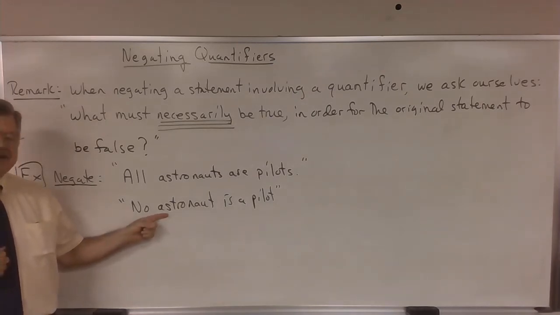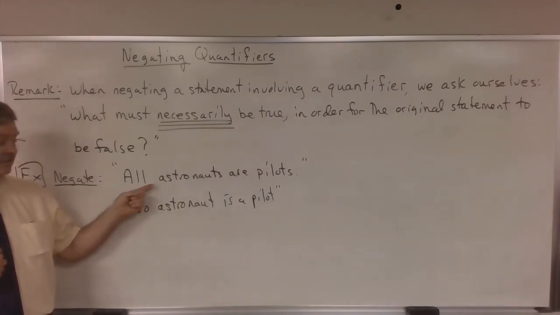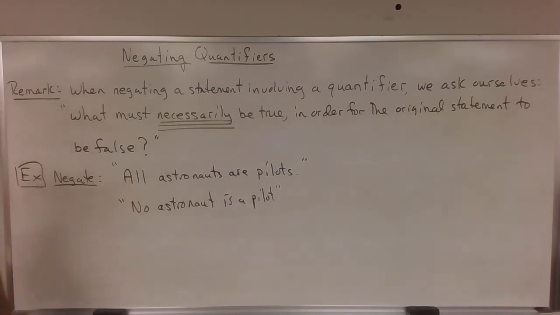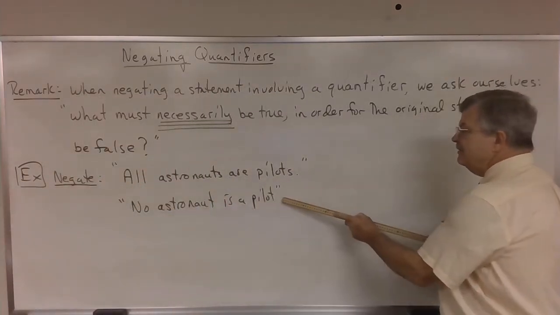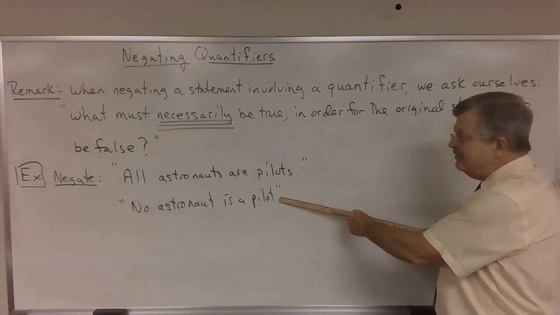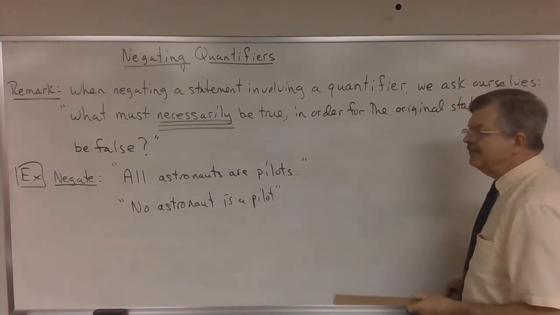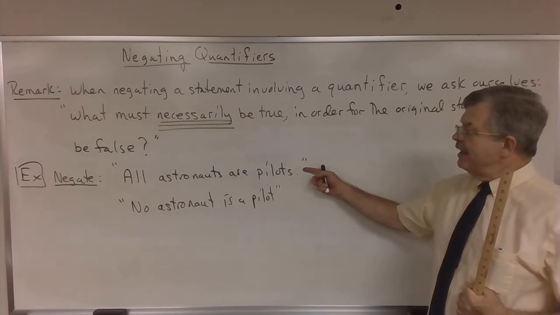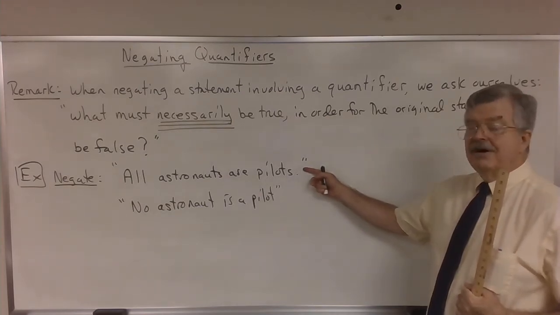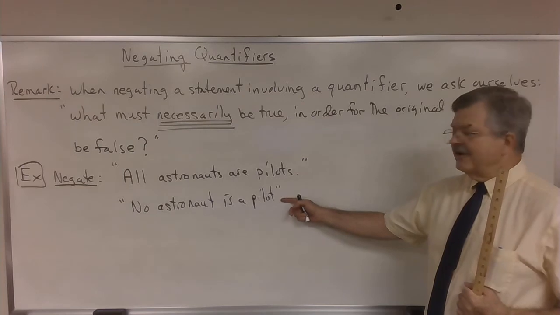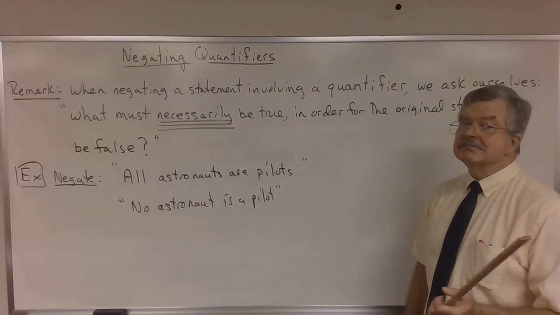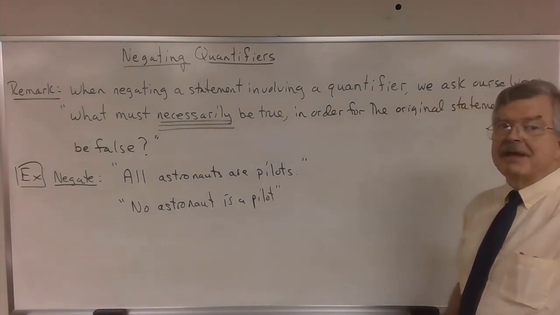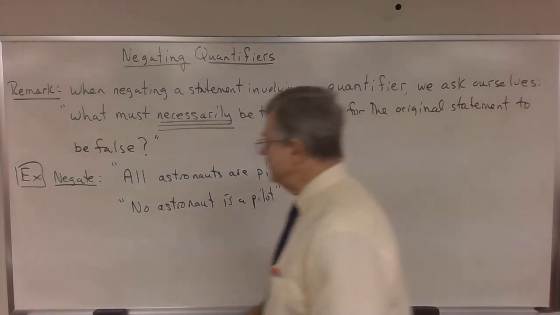And if this statement is true, then that one is definitely false. But does this necessarily have to be true in order to make that false? In order for the statement, all astronauts are pilots, to be false, is it necessary that not even one astronaut is a pilot? Maybe not. What about this?